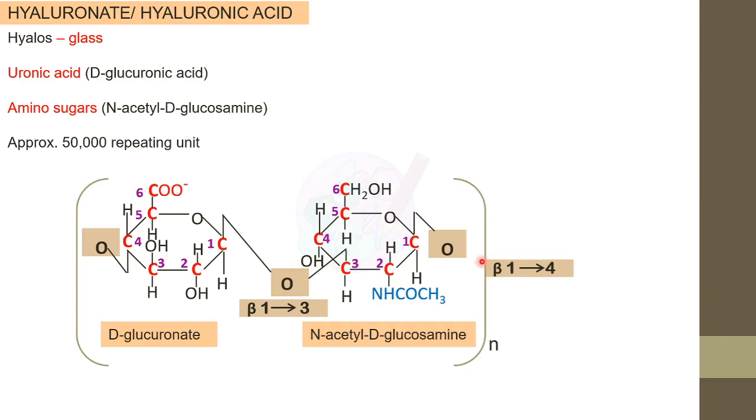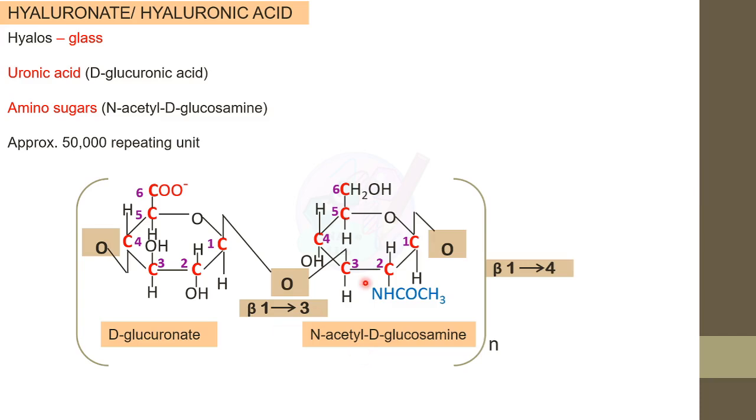But in the repeating sugar unit, the first carbon of this N-acetyl D-glucosamine will interact with the fourth carbon of D-glucuronate. So they have different bonding between D-glucuronate and N-acetyl D-glucosamine.